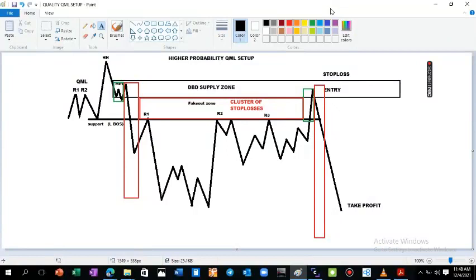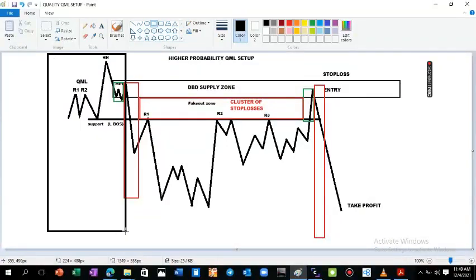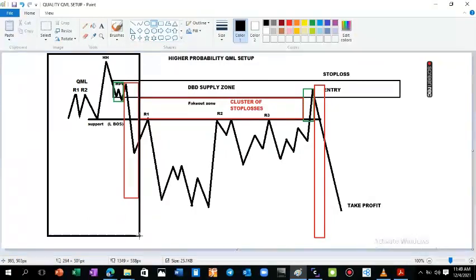So let's get started. By now you must be very much aware of what a basic QML must have. You have to make sure that the setup gives you a complete QM first.